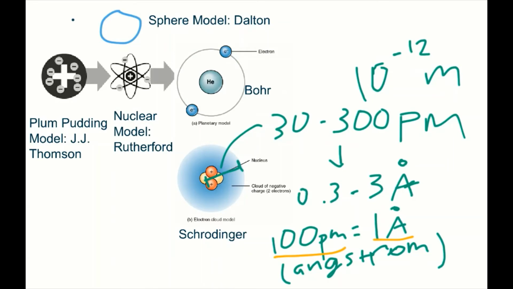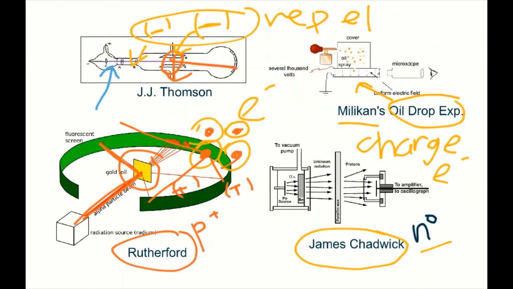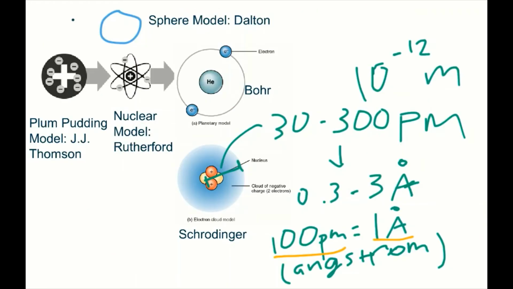Let's now talk about the structure of an atom. Scientists have developed models to show what an atom looks like, since we can't really see it very clearly, even with advanced technology. In 1803, John Dalton, the same guy who developed the atomic theory that we talked about, thought that the atom was just a sphere, hence the sphere model.